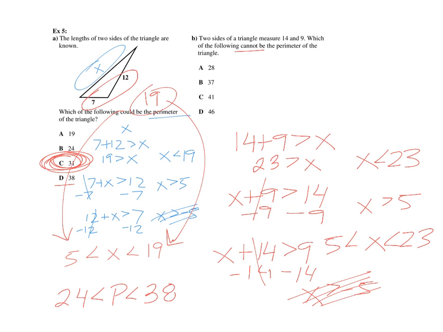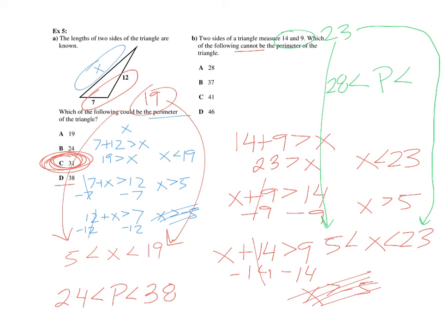All right, for the perimeter now, if I add these two values together, I get 23. Okay, if I add that on to the smallest value, I get 28. If I add this on to the largest value, I get 46. So the perimeter has to be between 28 and 46.